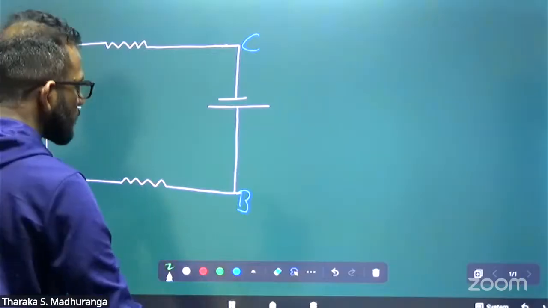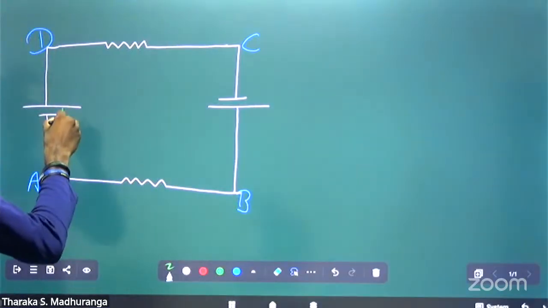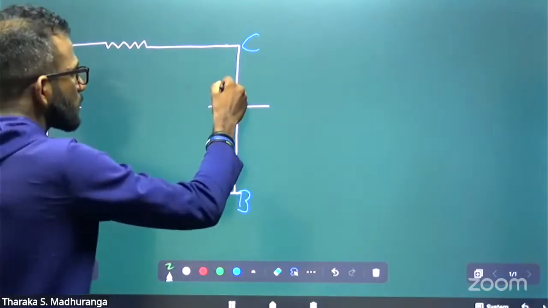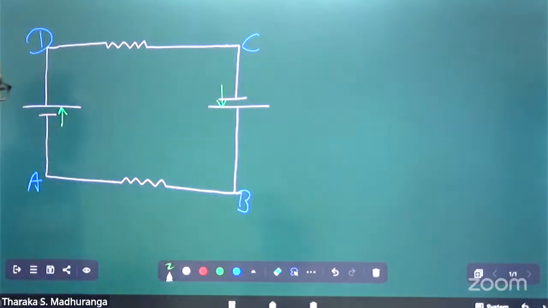Okay, what is your next step? Mark the electromotive force direction. This is the electromotive force.